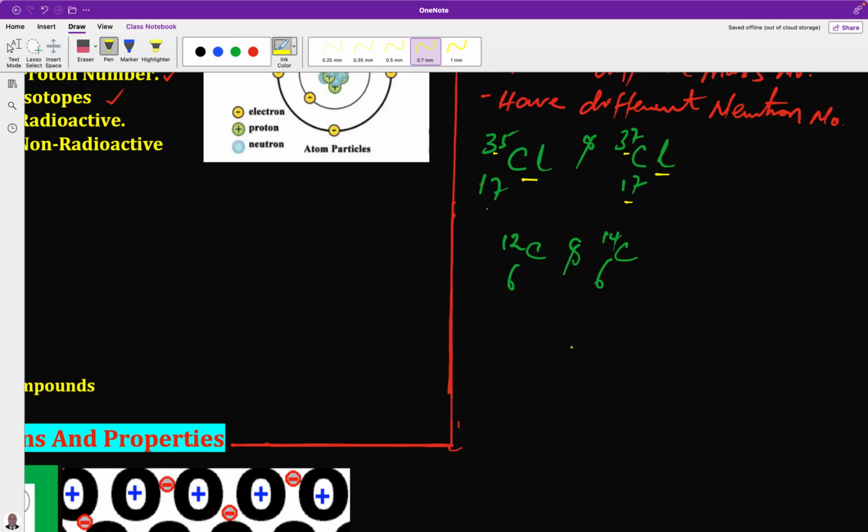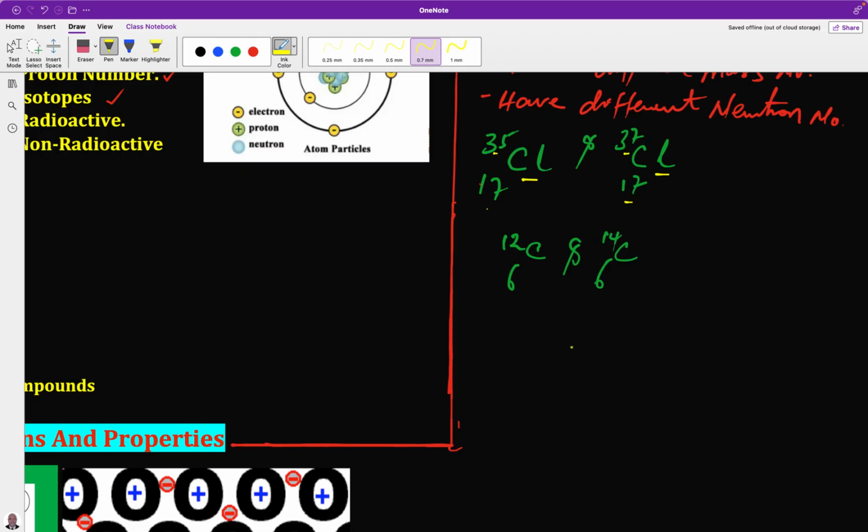Radioisotopes, or radioactive isotopes, are unstable atoms which break down emitting radiation in the form of alpha, beta, and gamma rays. When they break down, they are very unstable, and they emit radiation. They could be alpha, beta, or gamma.